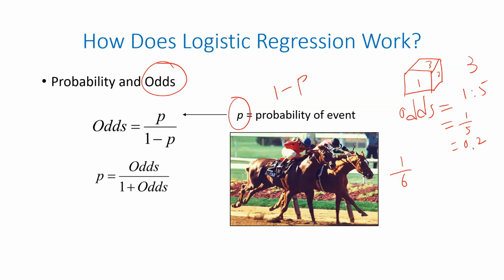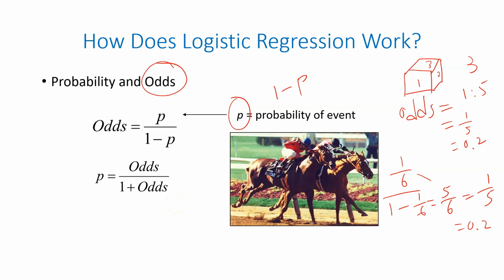And the probability of not rolling a 3 is 1 minus 1 over 6, which is 5 over 6. And the ratio between these two numbers would be 1/5, or 0.2 as well.